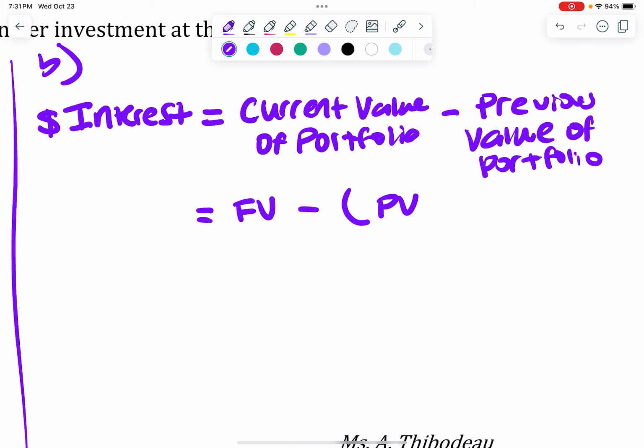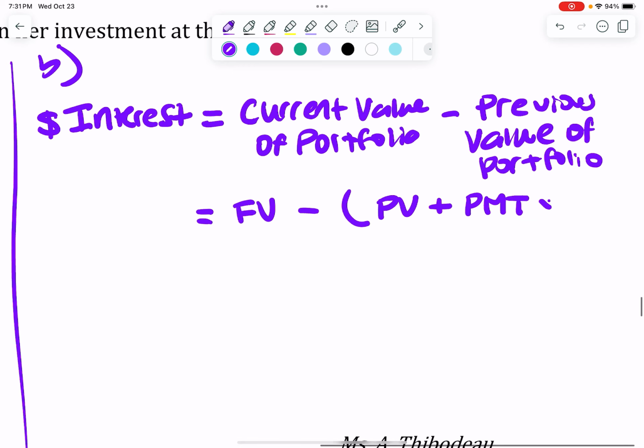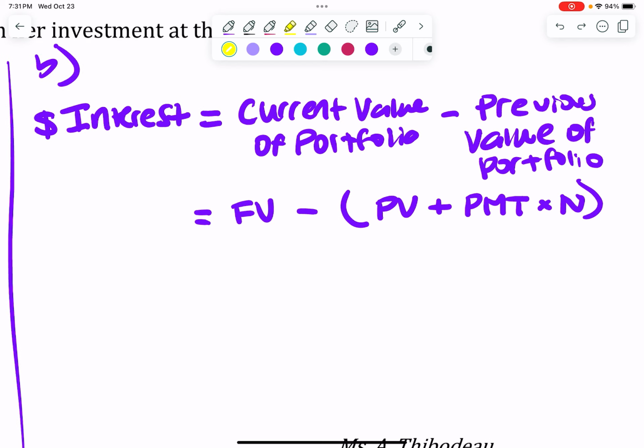It's what I started off at the beginning investing and my repeated investments and the number of times I've done that. So this kind of formula here we've talked about before when we were talking about rate of return. Okay, that might be worth noting that helps me calculate the dollar amount of interest.